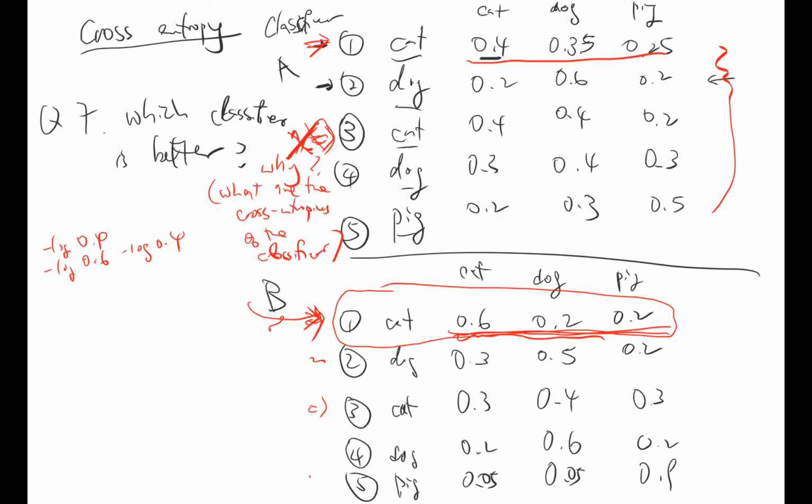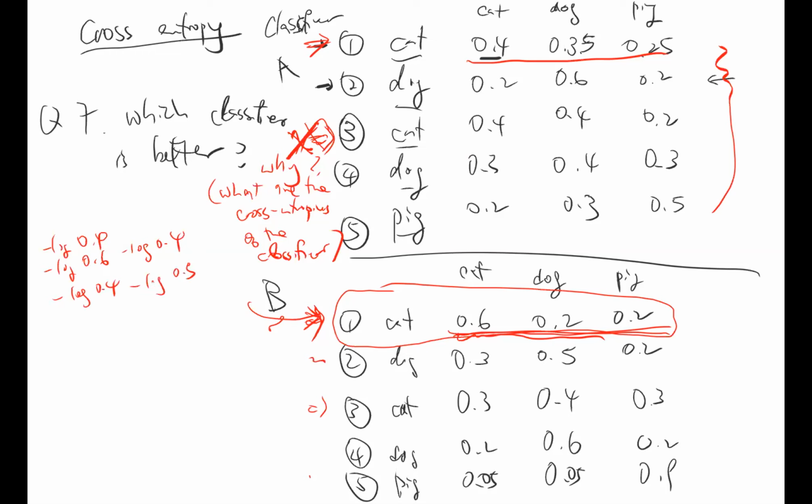I guess some of you used natural log, which is probably different. I'm just doing the sum; I just compare, though you can definitely do the average. Then minus log 0.6, and for the fourth, which is a dog, minus log 0.4. The last one is a pig, minus log 0.5.